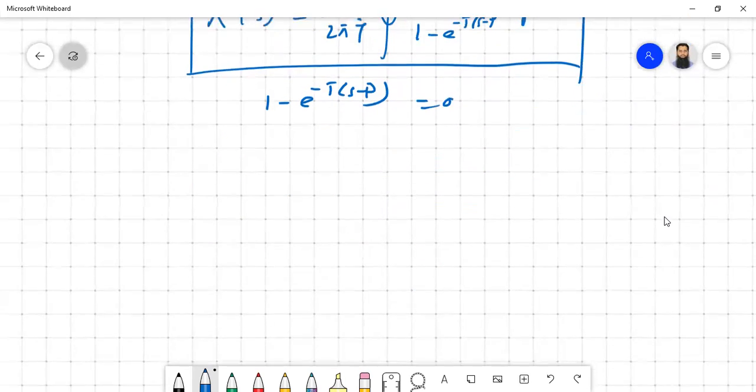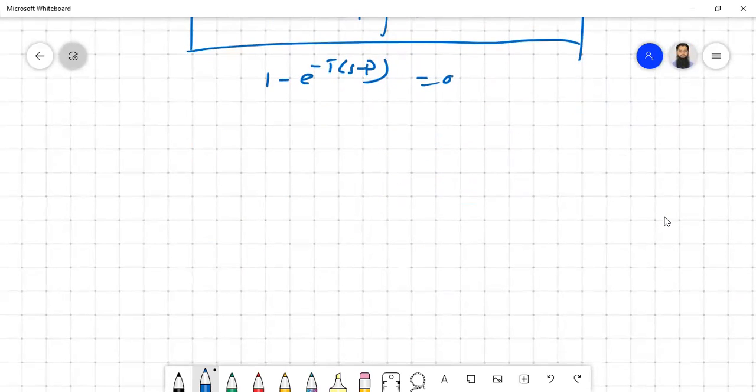Now, if you set this equal to 0, what we find is e to the power minus T(s minus p) should be equal to 1. And we know that e to the power twice pi is 1, and also any multiple of that is 1. So basically k equal to 0, 1, 2, whatever it is.